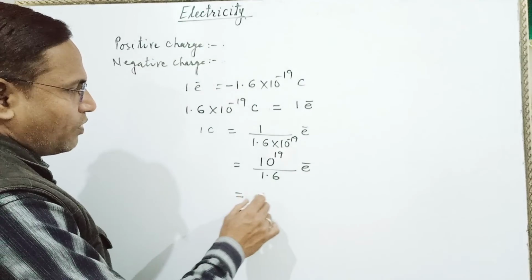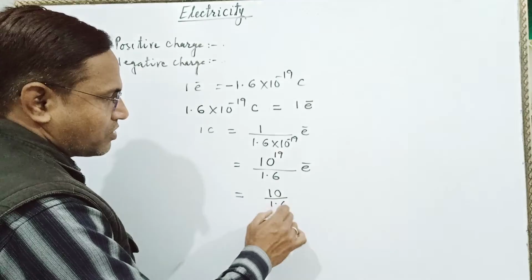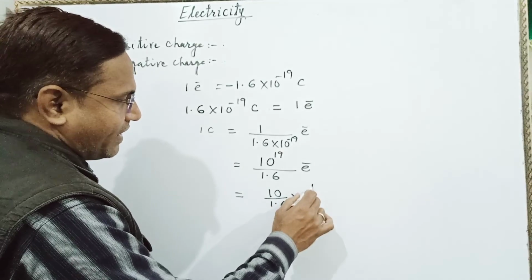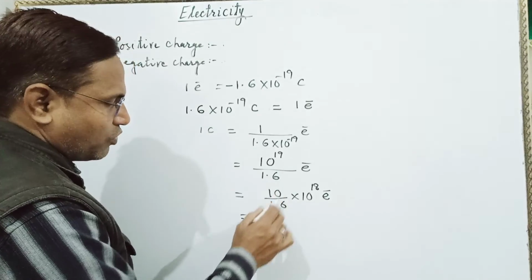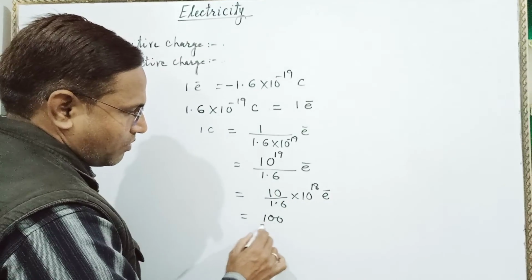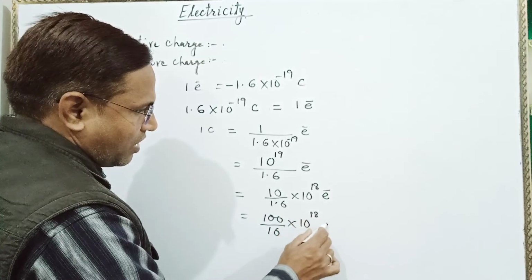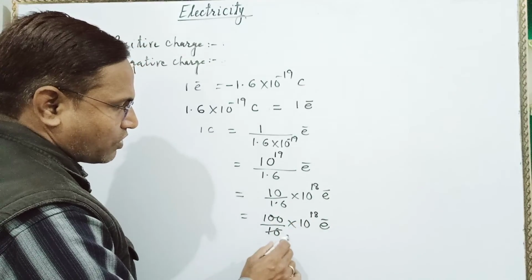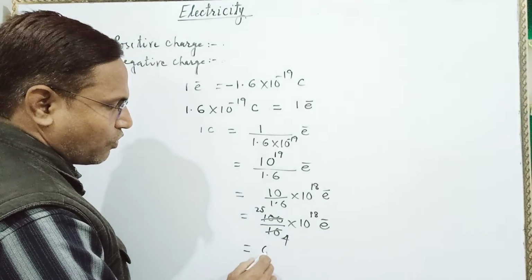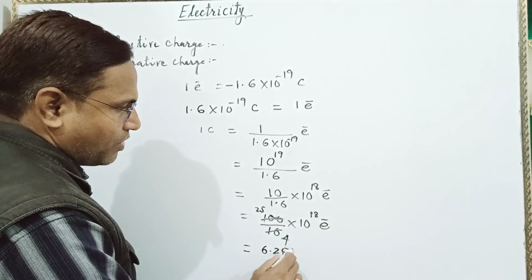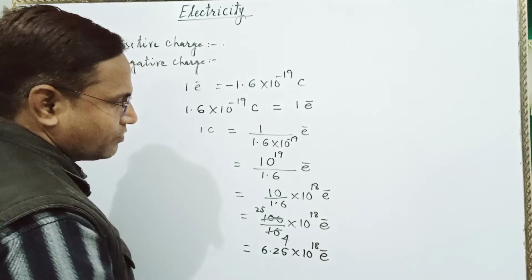Then we take 10 by 1.6 into 10 to the power 18 electrons, and removing the decimal, it becomes 100 by 16 into 10 to the power 18 electrons. 4 fours are 16, 4 twenty-fives are 100, and 25 by 4 is 6.25 into 10 to the power 18 electrons.